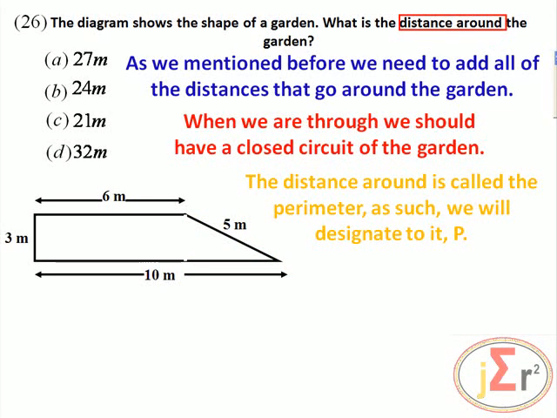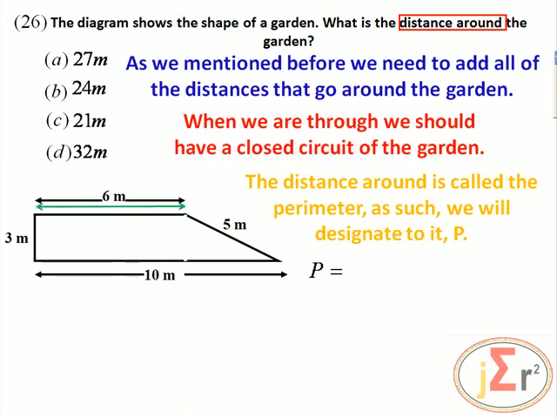As such, we will designate to it the letter P. So the distance around is called the perimeter, and we will call the perimeter P. And I'm really impressed that Jerry gave the proper pronunciation of that word.